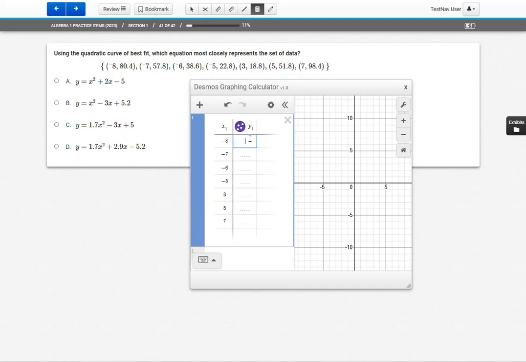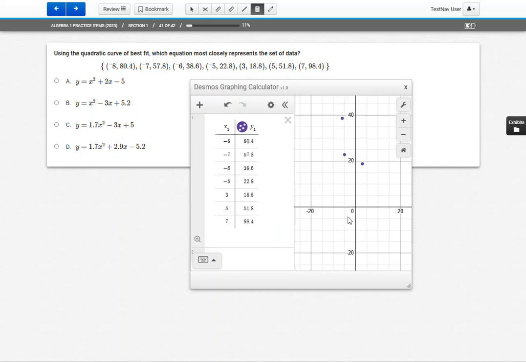All right, and then the next one. 38.6. .4. All right, so here is my data.